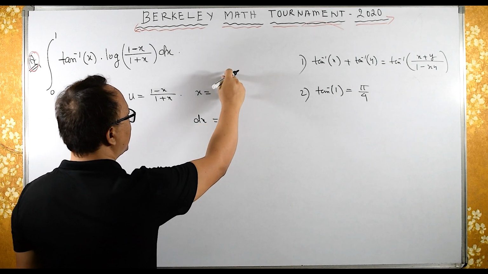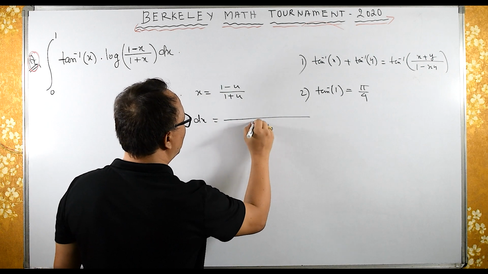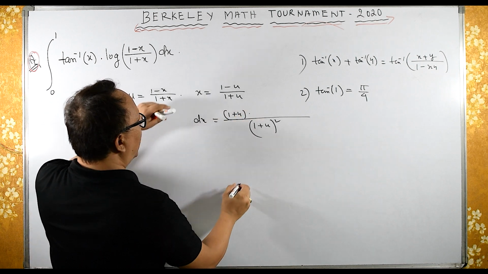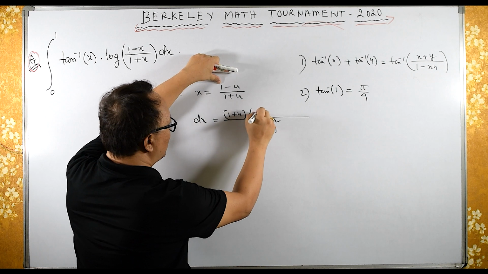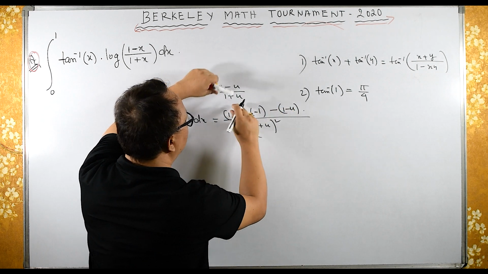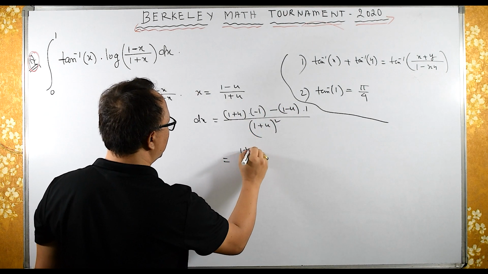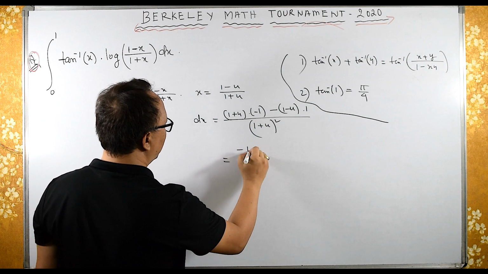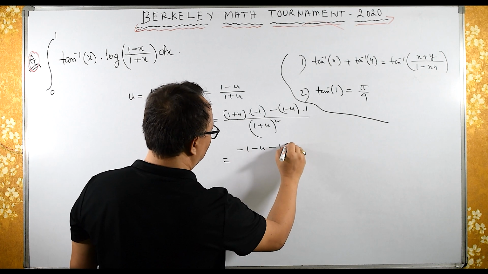Differentiating using the u upon v rule, over here we have (1 plus u) raised to square, and then differentiation of 1 plus u. Differentiation of this is what? We have constant as 0. Here we have minus (1 minus u), and then differentiation of 1 plus u is 1. So if I send minus inside, I will get minus (1 minus u) minus (1 plus u).